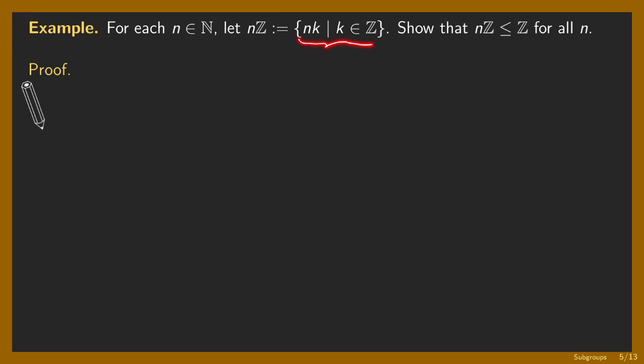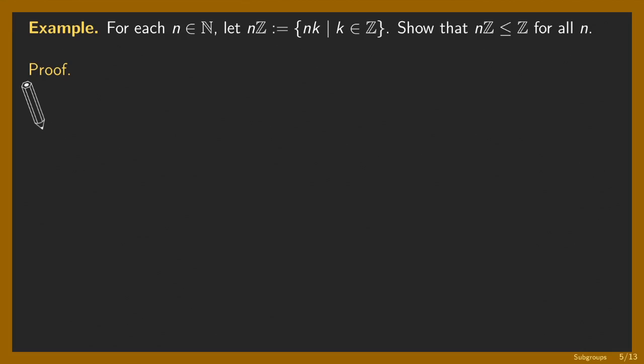Basically, the elements of nZ are the multiples of n. Let us now show that this subset of Z is a subgroup of Z, but take note, the operation is not mentioned here. So when I write Z, by default the implied operation will be addition, because anyway, it's not a group under multiplication, remember?